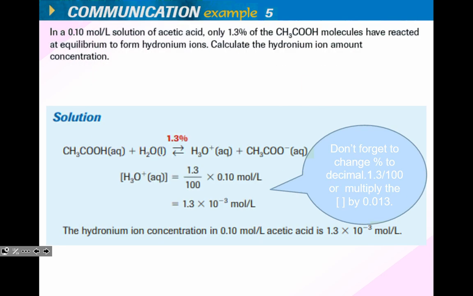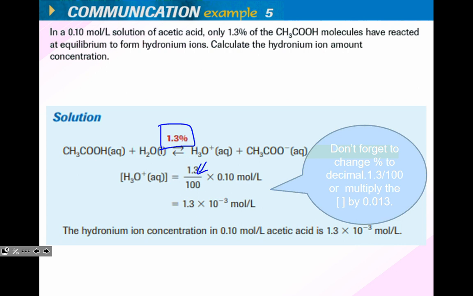So here's an example. In a 0.10 moles per liter solution of acetic acid, only 1.3% of the CH3COOH molecules have reacted at equilibrium to form hydronium ions. Calculate the hydronium ion concentration. So now we know that it's only 1.3%, but you cannot mathematically treat 1.3% as 1.3. The percent tells you that it's a lower number.